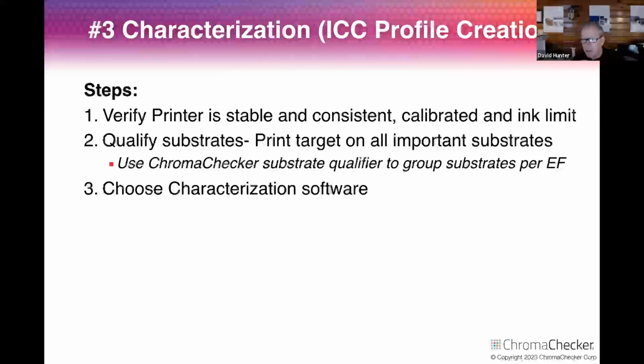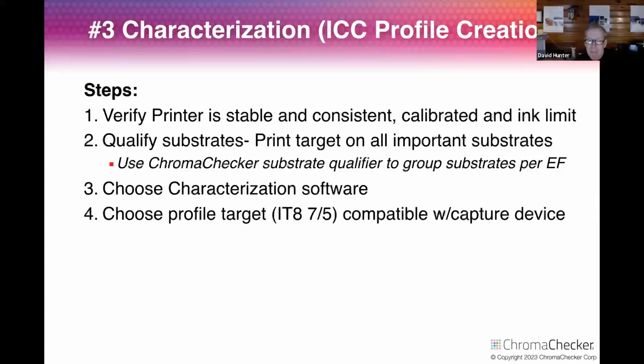Now, when we get into specialty types of printers that allow you to load additional colorants, as well as any conventional types, flexo, offset, where you're doing extra inks to get that extra gamut, then you want to look at profiling software that can handle that type of thing.